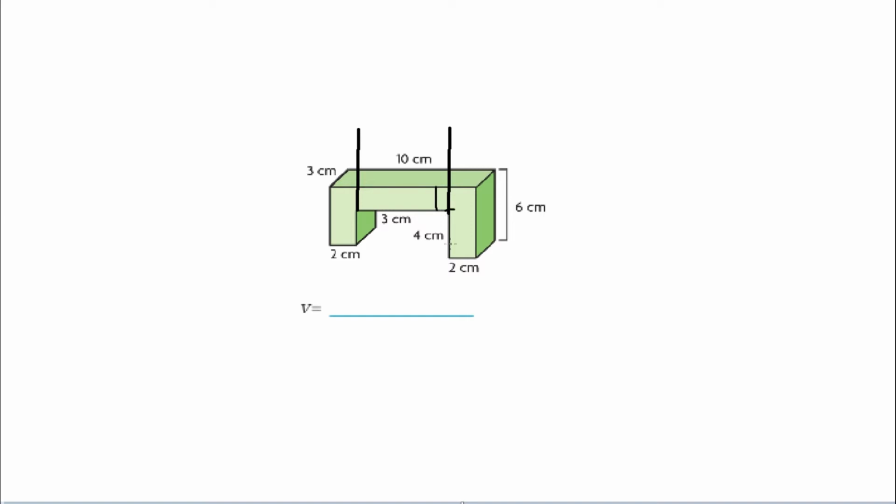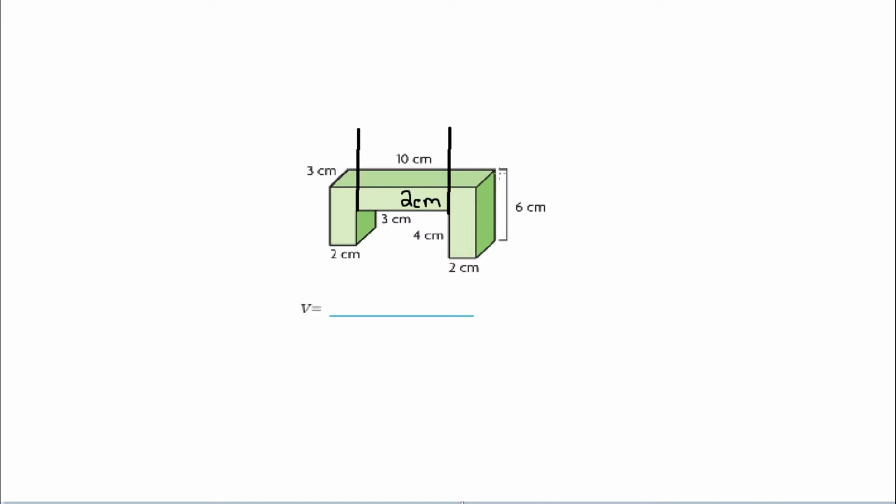So from here to here is 4. If this whole piece right here is 6 and that right here is 4, that means from here to here is 2. Okay, I'm going to erase those. So that right there is 2 centimeters high. Okay, that's extremely important.